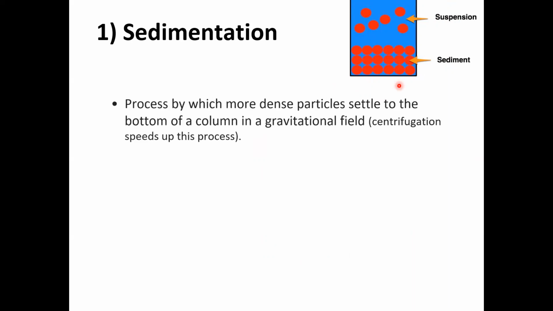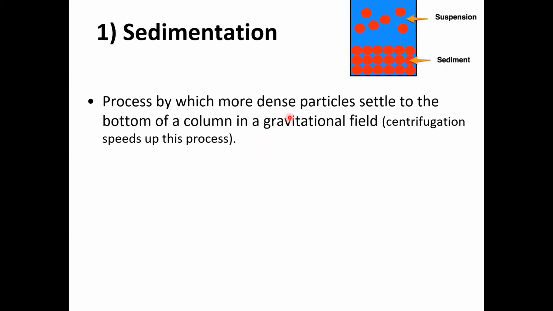So it is a process by which more dense, more compact particles settle to the bottom of a column in a gravitational field. For example, if we have a solid that is more dense than water, if you give it 3 or 4 or 5 days, it will sediment. But we want this process to go faster. And this is what the centrifuge does. It speeds up the sedimentation process.